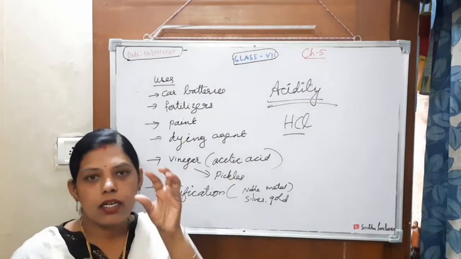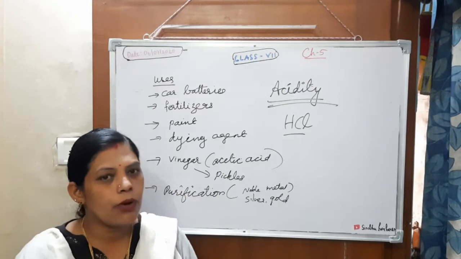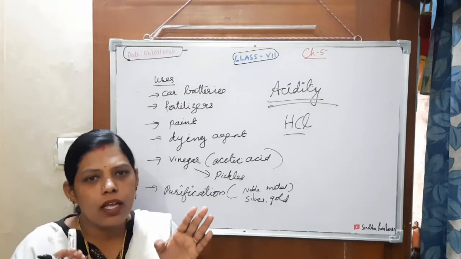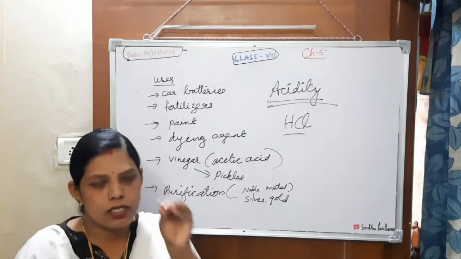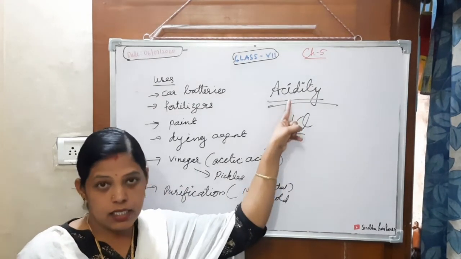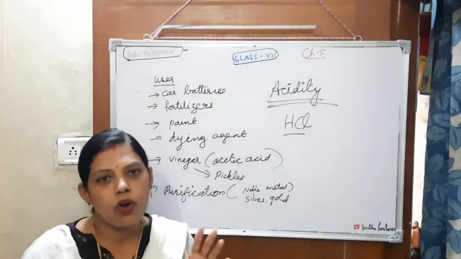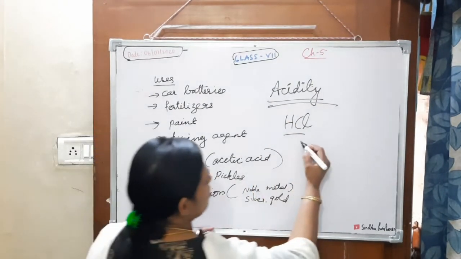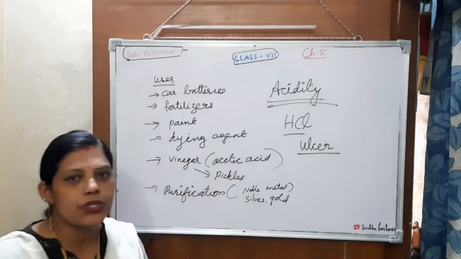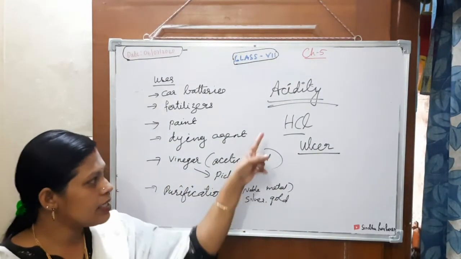Okay, if an excess amount is produced, what happens? The inner layer of the walls of the stomach may be burned by this acid, and because of this it causes what? Ulcer. Okay, it causes ulcer. That is the wound produced in our stomach. That is because of the high acid.